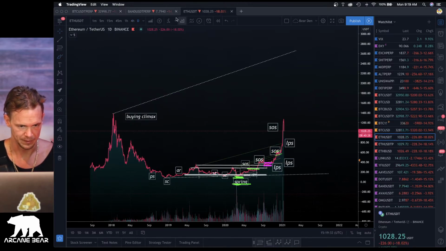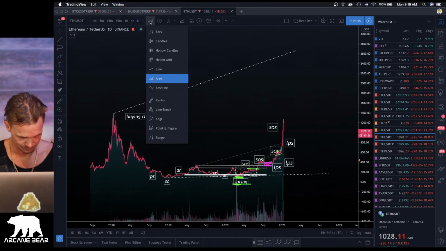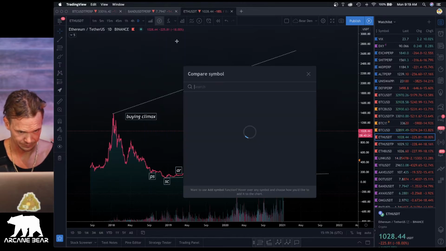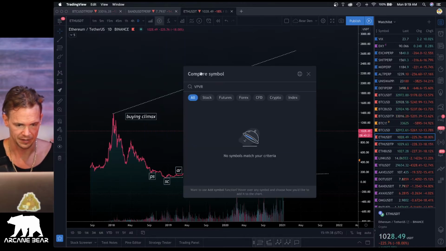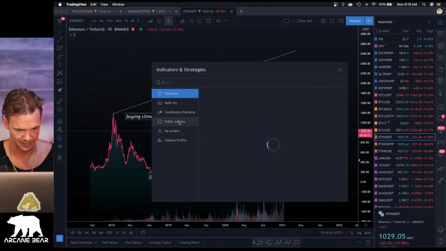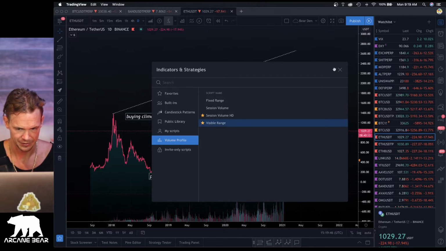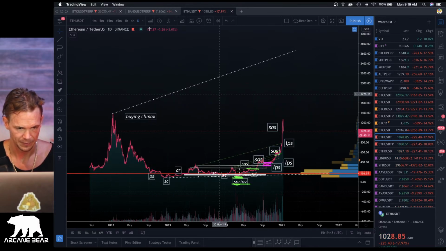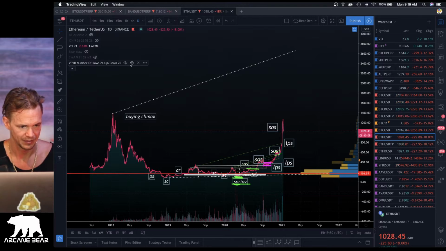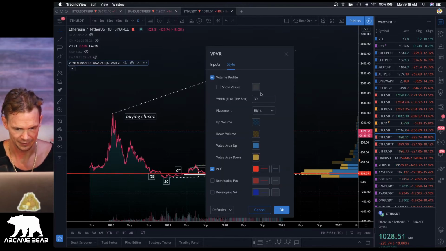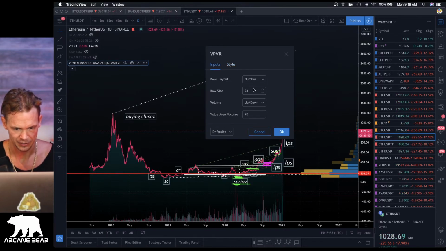Let's see, we'll open the VPVR back up. I think our primary areas of support are, that's not my indicators. Here we go, public profile, volume profile, visible range. There we go. We're going to go up to the top of the settings. We're going to edit this because I want to show you guys, and I don't know why it didn't save, but we usually go with 111 because I like that number.